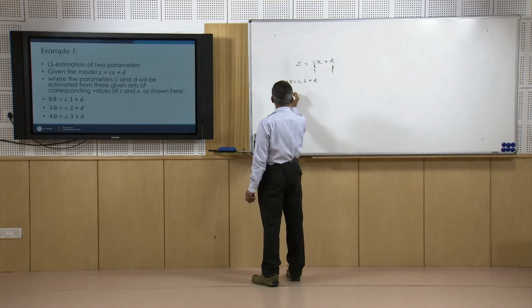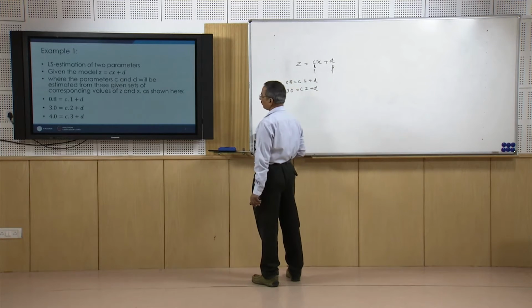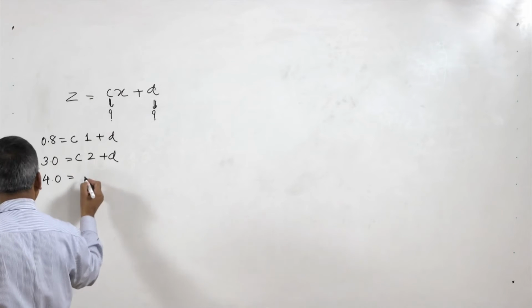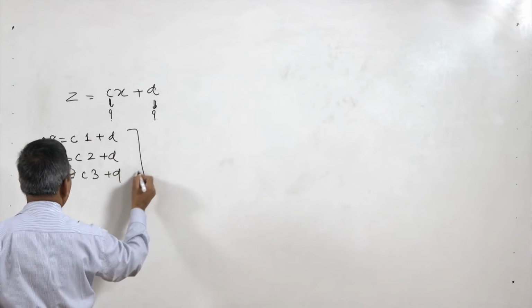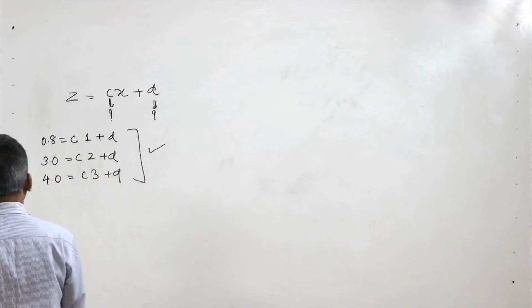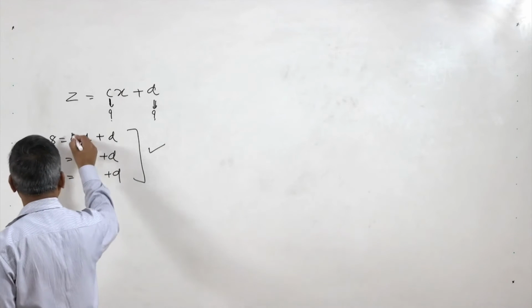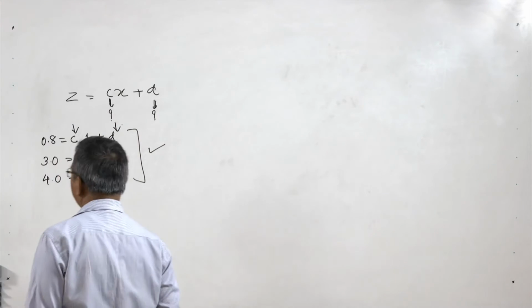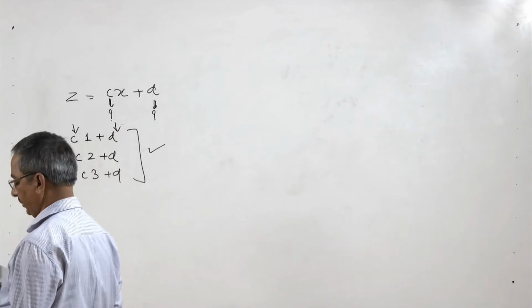The other one is say 3.0 is equal to c into 2 plus d, and another expression is say 4.0 is equal to c into 3 plus d. So, these three equations are known to me, and as I said, the values of c and d are not known. So, these values of c and d are to be estimated.